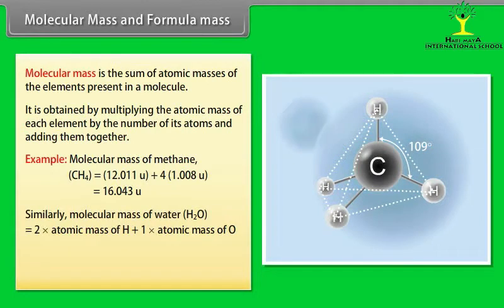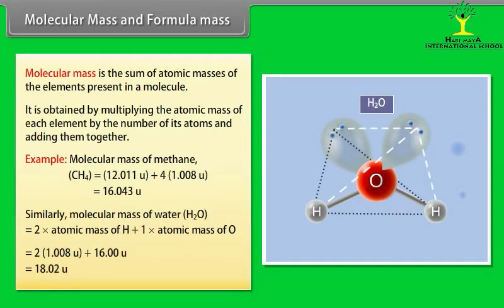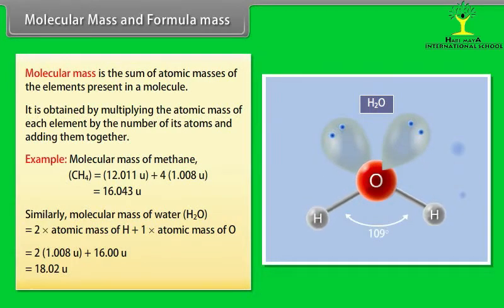Similarly, molecular mass of water H2O is equal to 2 × atomic mass of H plus 1 × atomic mass of O, which is 2 × 1.008 u plus 16.00 u.